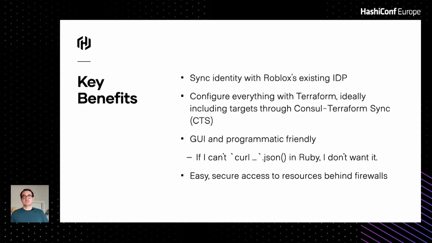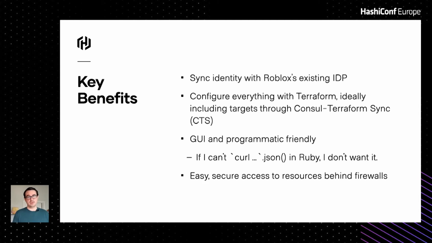It just makes things like developing local Terraform an absolute snap before going to production. Some of the key benefits and key requirements are that they sync with our existing IDP. That's already there today. Another thing is that we can configure everything with infrastructure as code.